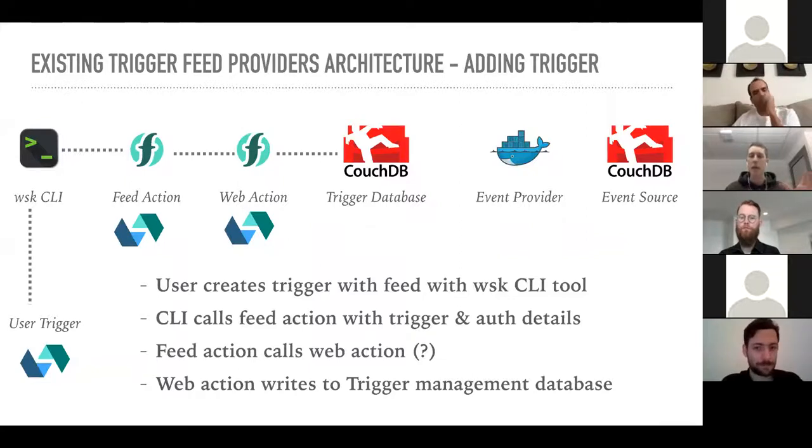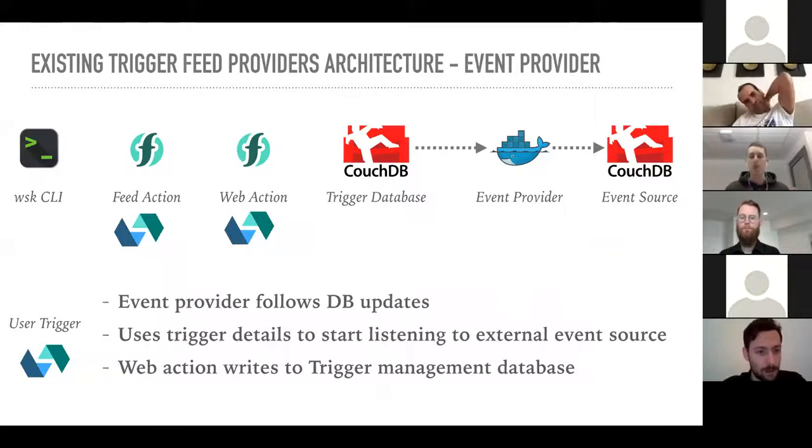Then in the backend, it has a Docker container that gets spun up and run as part of OpenWhisk, as part of the feed provider package. That Docker container has some Node.js code that listens to that Cloudant database. It just uses the follow capability to listen to changes for that database.